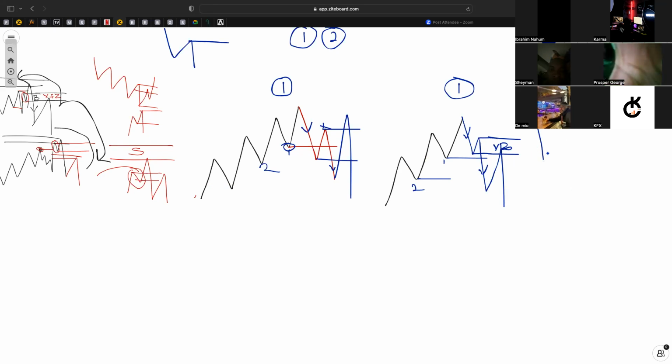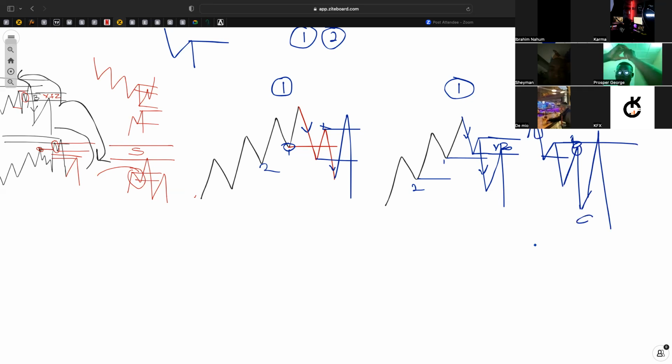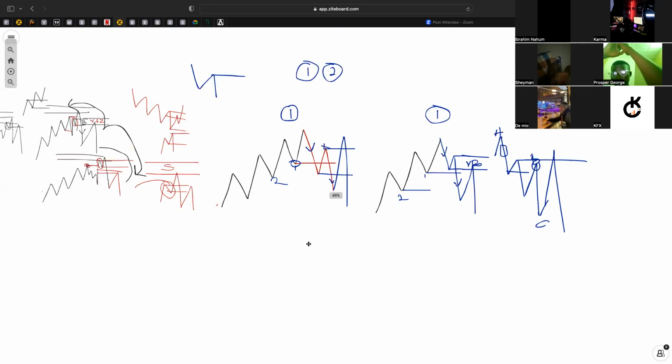So this is A, B, and C. Which means what? I will now look at what is going on here, then use this B leg after selling from this first base to target external liquidity, then sell off. Does that make sense, guys? Yeah, makes sense. Okay.